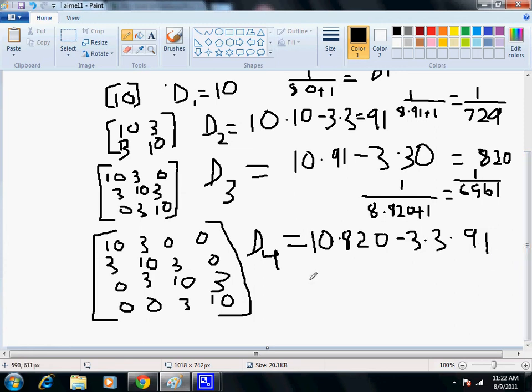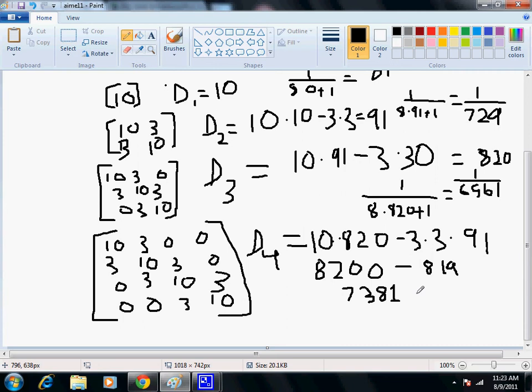So this turns out to be 8200 minus 819, which is 7381, right?